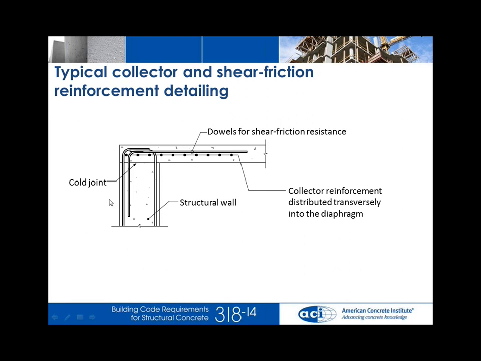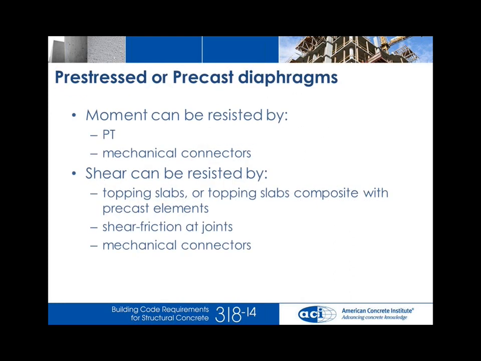The transfer then into a structural wall could occur through dowels that are provided for shear friction resistance. And so this basic approach and the design equations for this are referenced within the chapter.